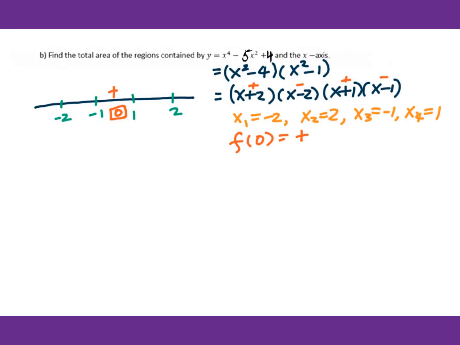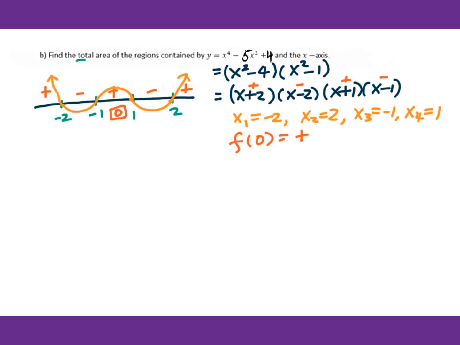Since for this polynomial the factors are all single factors, which means the sign is changing between neighboring intervals. So you get negative, positive, negative, positive. We can sketch the graph like this. Here's positive, negative, negative, then going up like this.